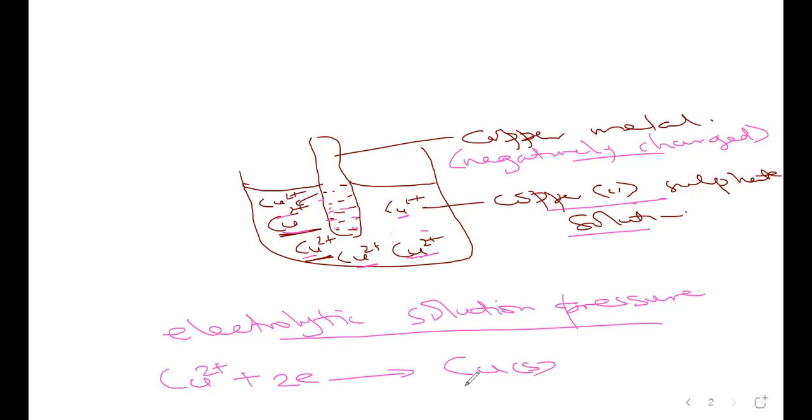In this case now, the metal is going to become positively charged. Why? Electrons are being taken up. So the metal now becomes positively charged in that case with respect to the solution. The tendency of the ions to deposit on the metal from a solution is called the deposition pressure.